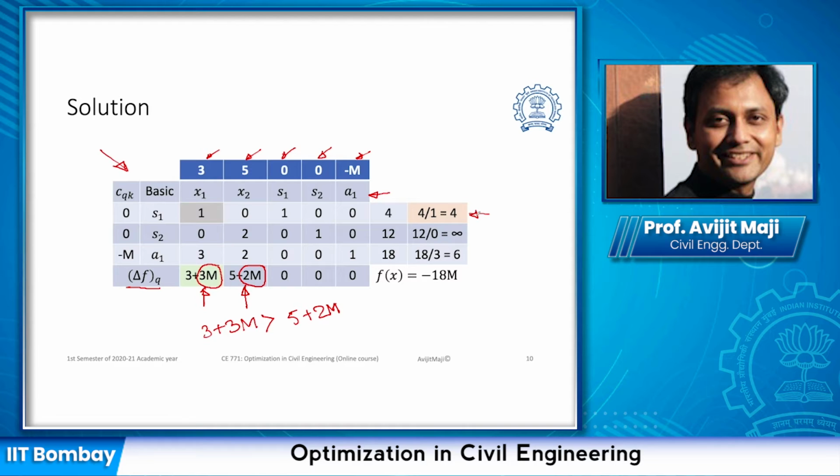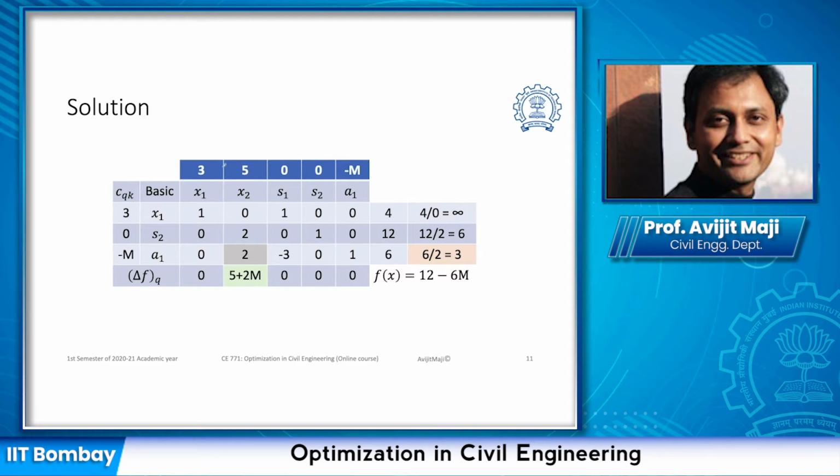Once we do that, the revised tableau is going to look like this, and in this case now we have a new basic variable x1 and its corresponding coefficient is indicated here. Then in this tableau we adjust all the cells accordingly as required.